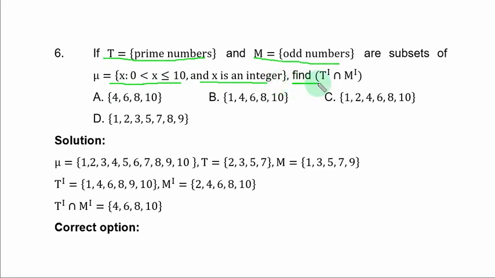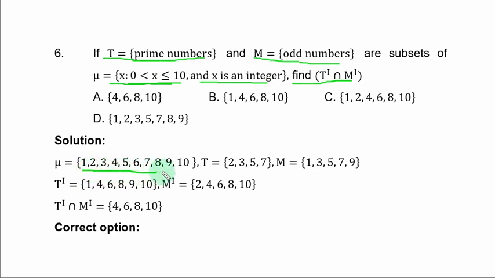Find T complement intersection M complement. By this given range for the universal set, we have 1 and 10 inclusive because S is strictly greater than 0. So you have this as the universal set.